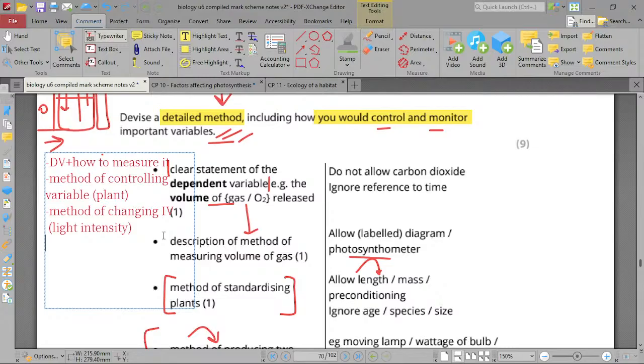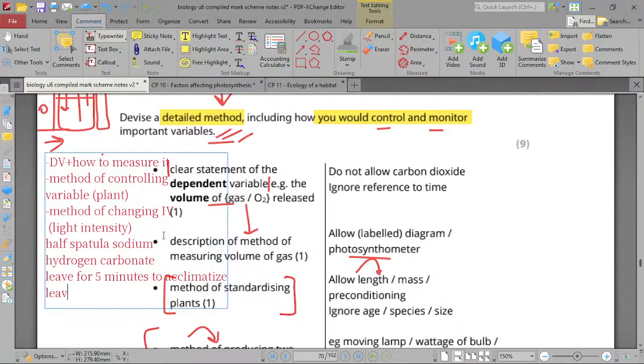Then turn on lamp, and collect gas for 5 minutes. So that'll be a point.